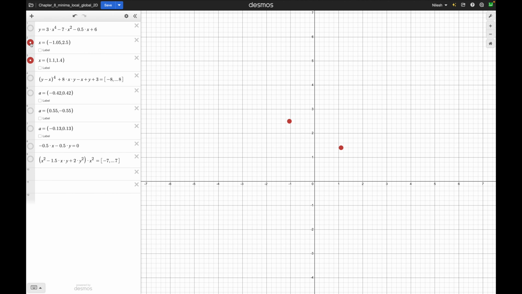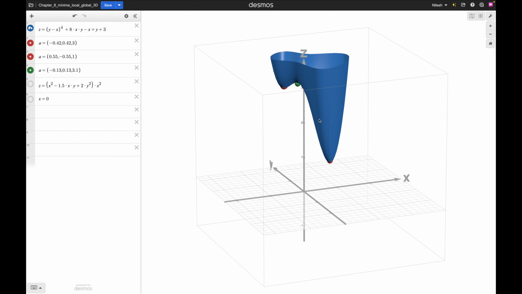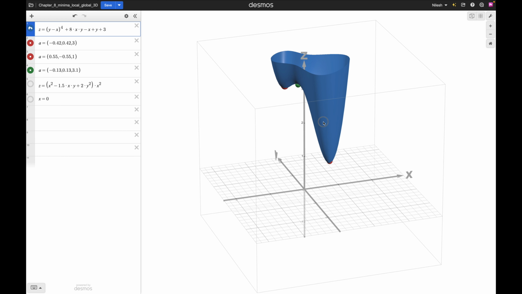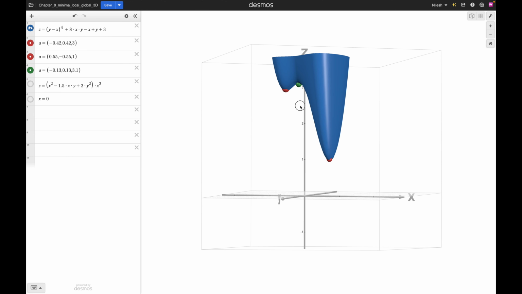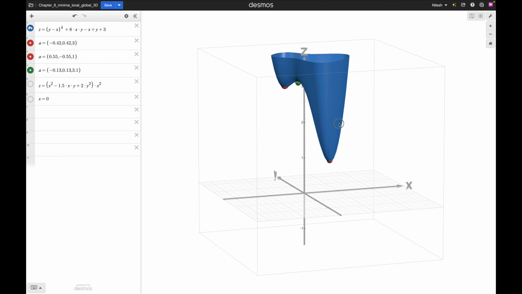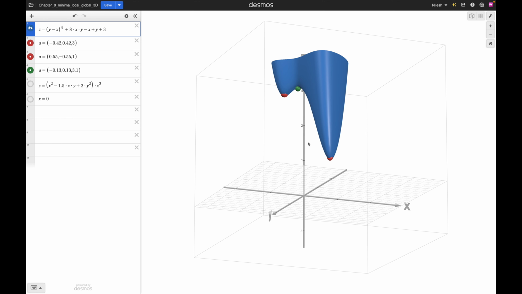Next, let's look at the 3D part first. So this is the f of x that we have, shown here by the equation on the left hand side. We see that this again has two dips. So we have one here, one here.